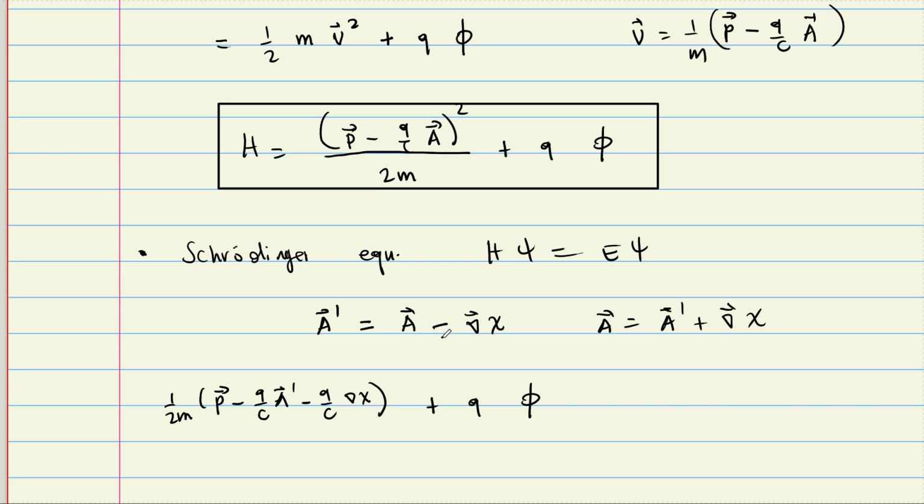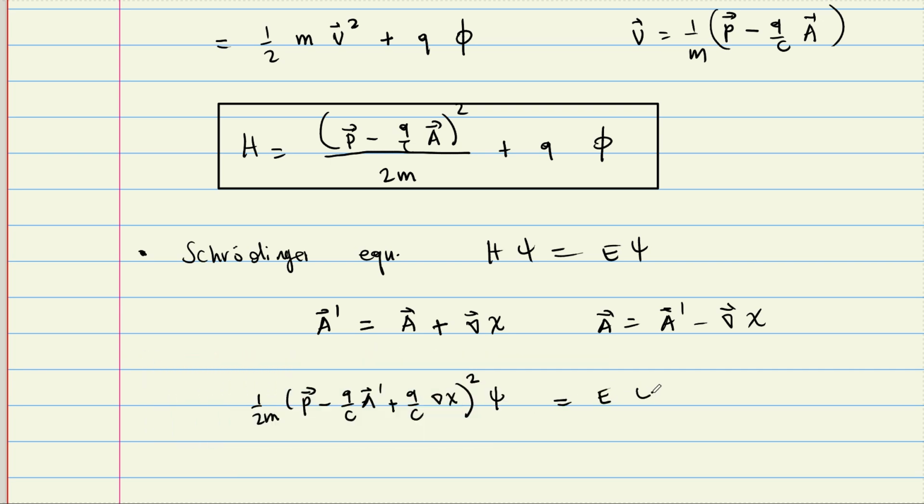The square of this thing is going to hit the wave function. And let's forget about scalar potential, like I said, that's trivial, and this is going to be equal to E times psi.